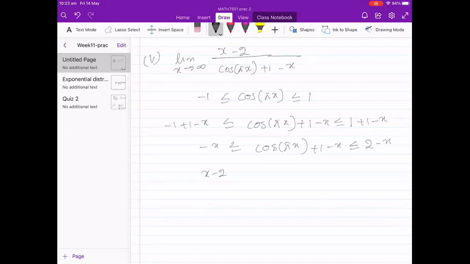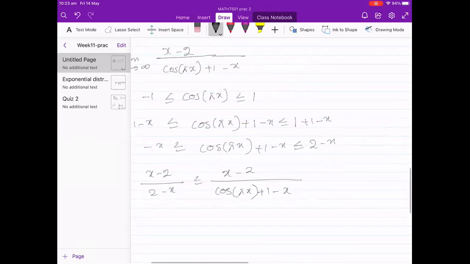So when you flip the inequality using the rules of inequality, that would be x minus 2 divided by 2 minus x, x minus 2 divided by cos pi x plus 1 minus x, then x minus 2 divided by minus x.